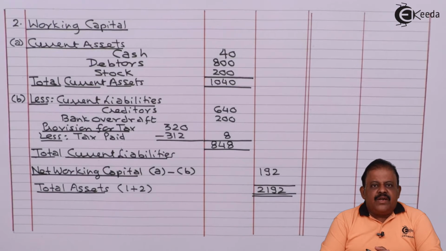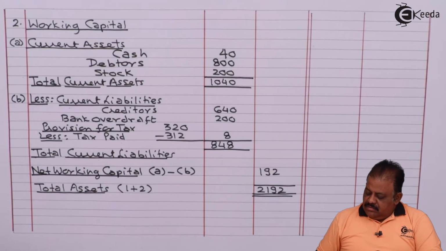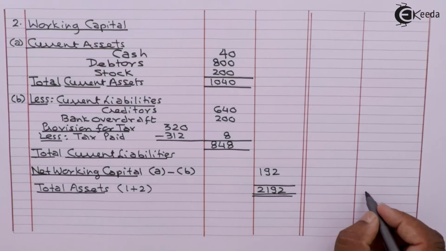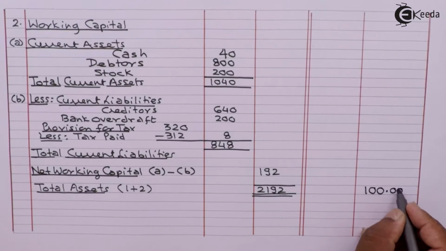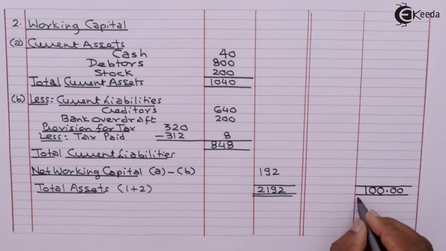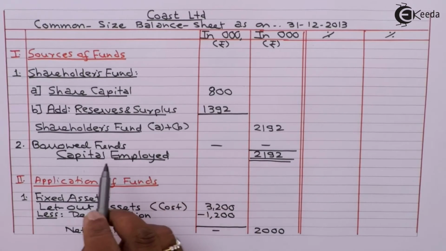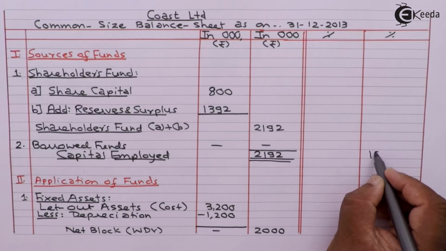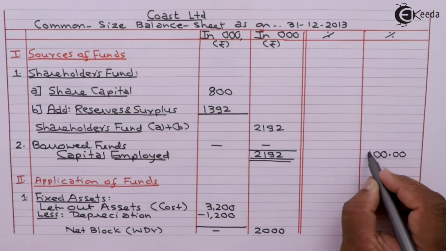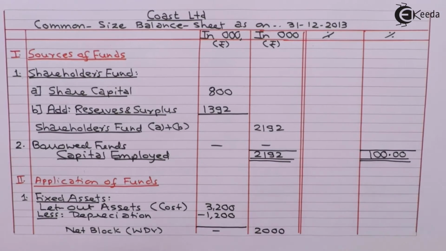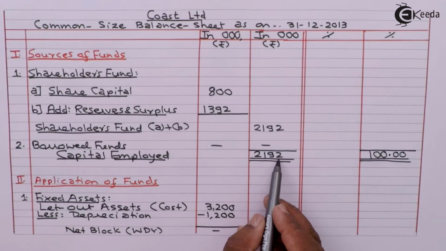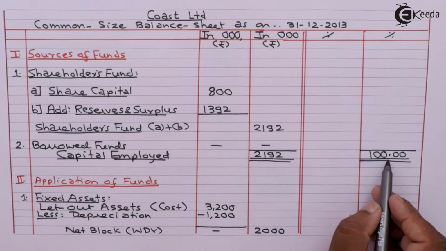Let us convert it into common size balance sheet. For that purpose, this total assets we are required to take as 100. Similarly, total capital employed we are required to take as 100. It means capital employed 2,192,000 is taken equal to 100.